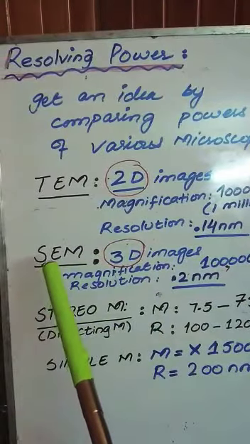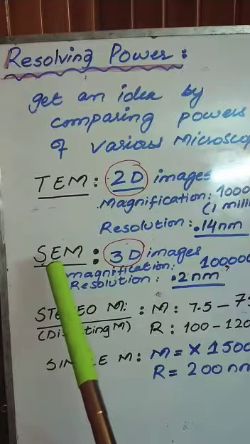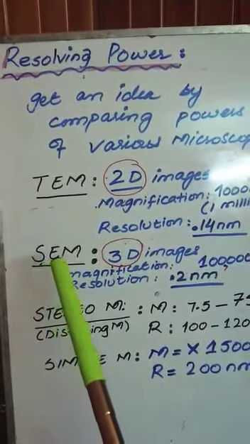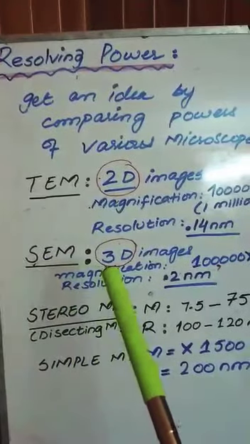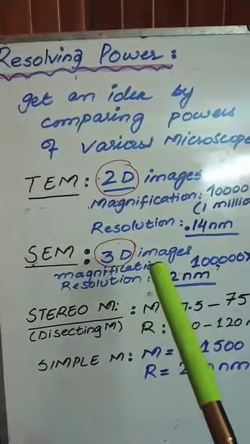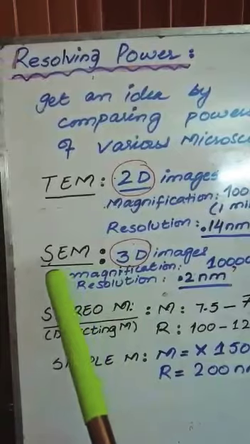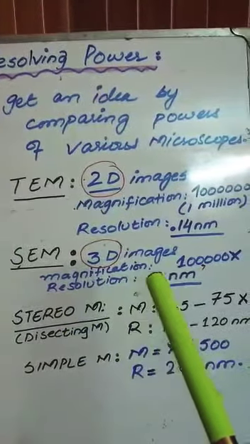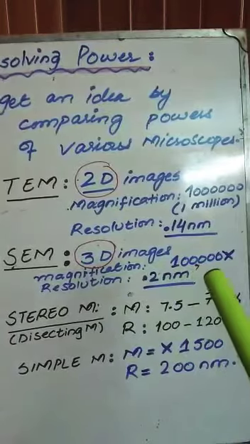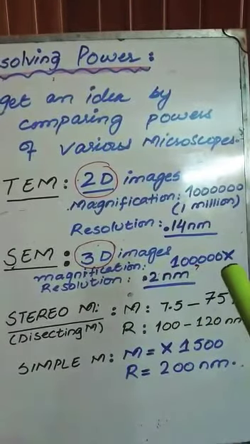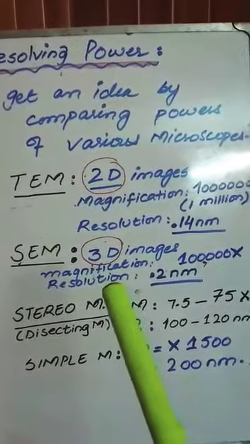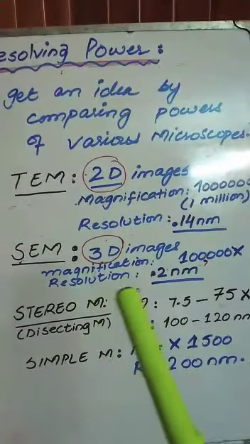Second is the SEM, the scanning electron microscope, which gives us 3D images. Its magnification power is 100,000 times the real size, and its resolution is 0.2 nanometer.